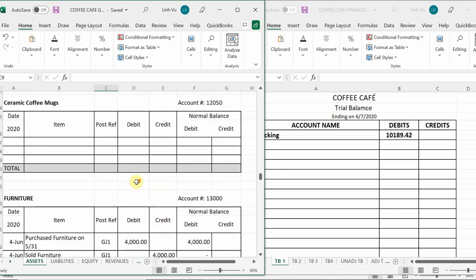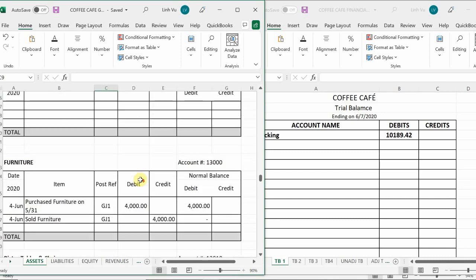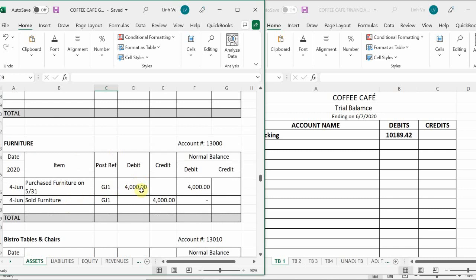Let's see what's next. Next is furniture. Oh, looks like we do have an account balance. What is my account balance in my furniture as of June 7th? It's 0 right now. So in this case, is it necessary that I post this or no?